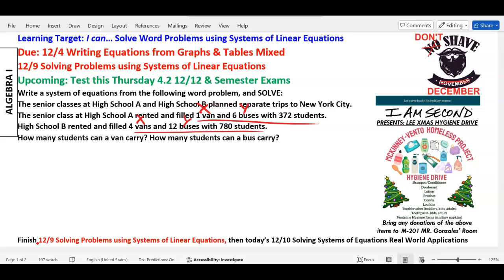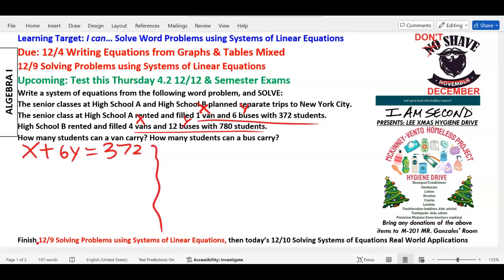You're going to write an equation. 1 van, 6 buses equals the total students, 372. All right, so let's write that out. 1x and 6y. So 1x is just x plus 6y equals 372.